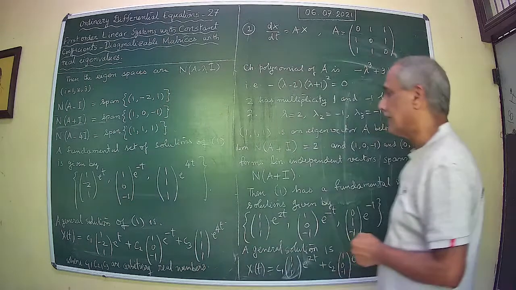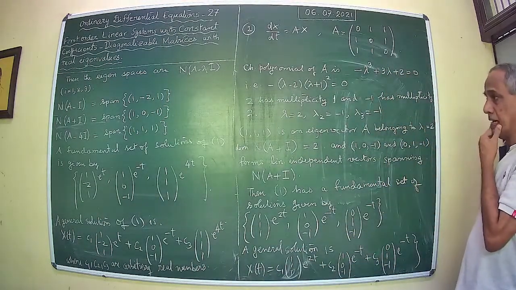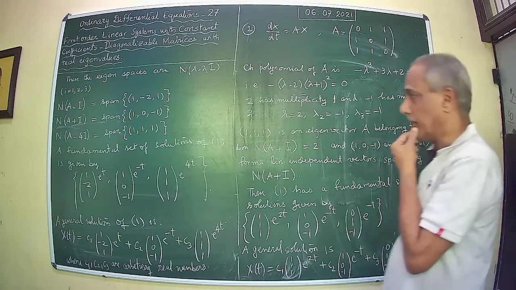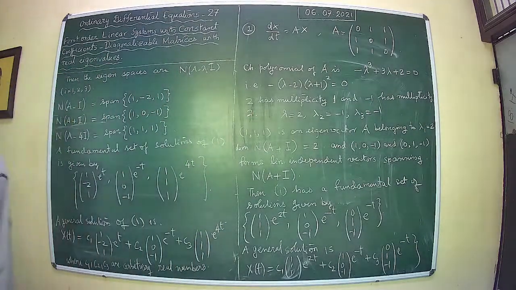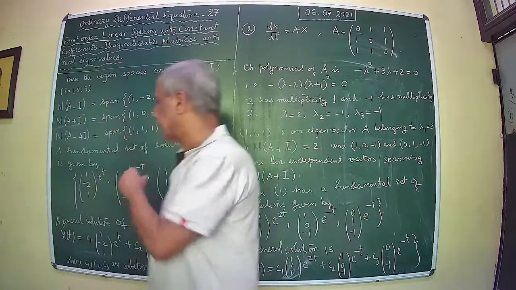So these are the two examples that I have given where the eigenvalues are all different. When the eigenvalues are all different, naturally you have three eigenvalues in this case.